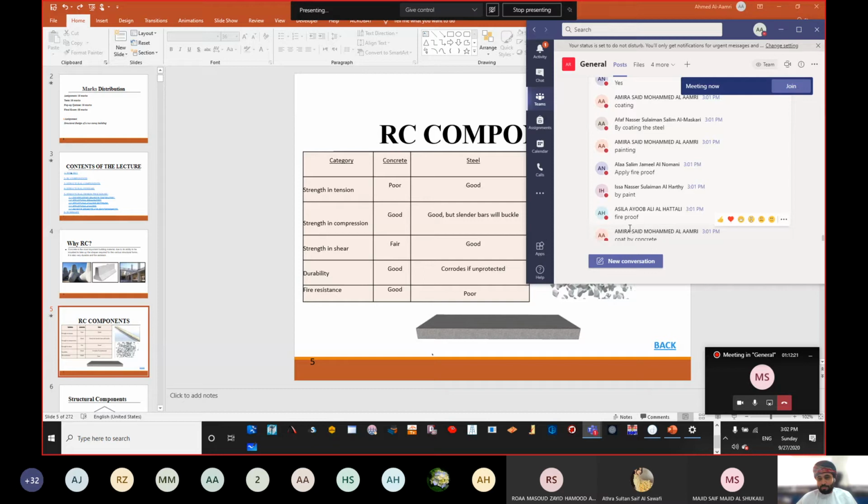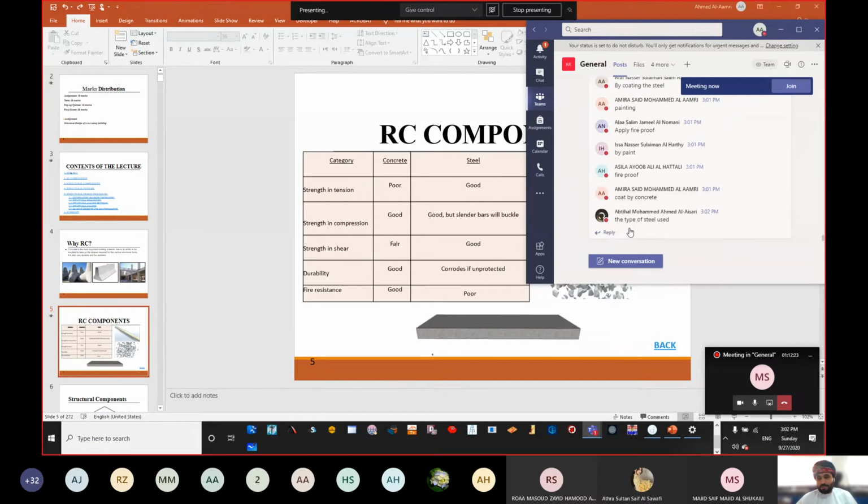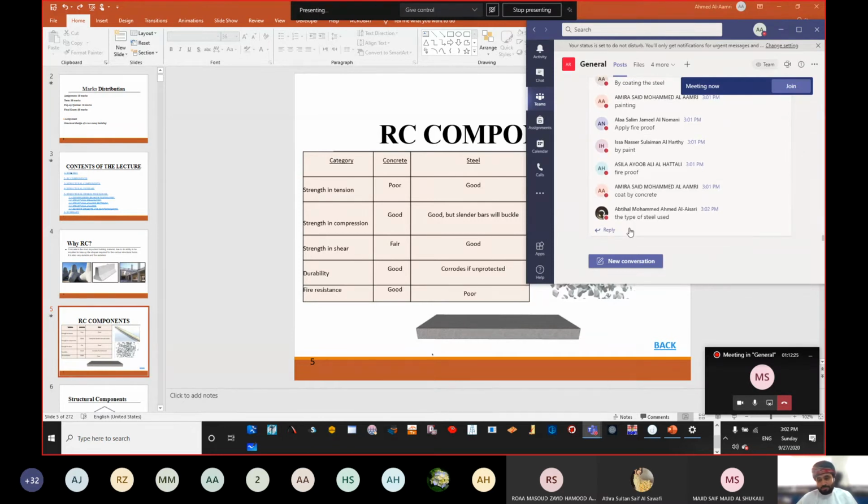I know coating and painting are the same. Whatever steel is used is going to be affected by fire. So how would you solve the issue?